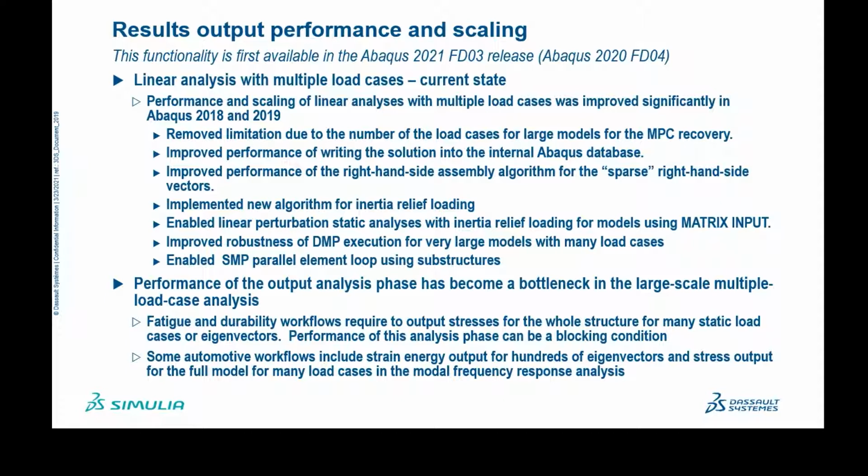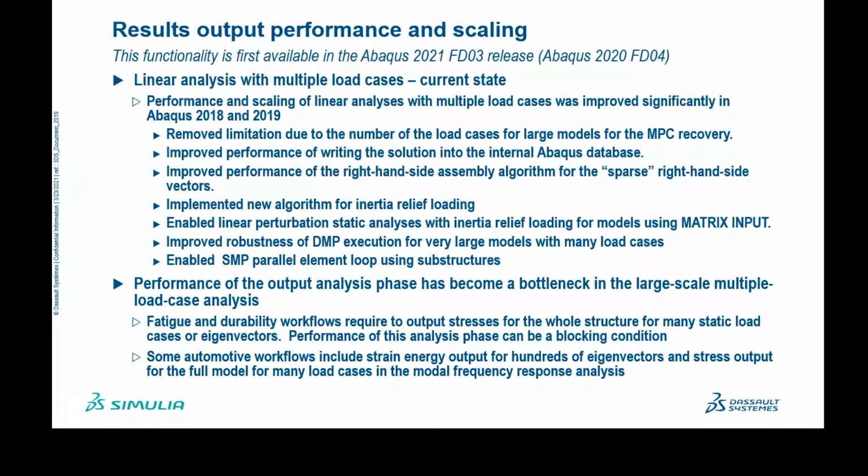The performance and scaling of the linear analysis with multiple load cases was improved significantly in the last couple of versions, mainly in Abaqus 2018 and 2019. We removed the limitation due to the number of load cases for large models for the MPC recovery. We improved the performance of writing the solution into the internal Abaqus database, as well as the performance of the right-hand side assembly algorithm of the sparse right-hand side vectors, among other improvements.